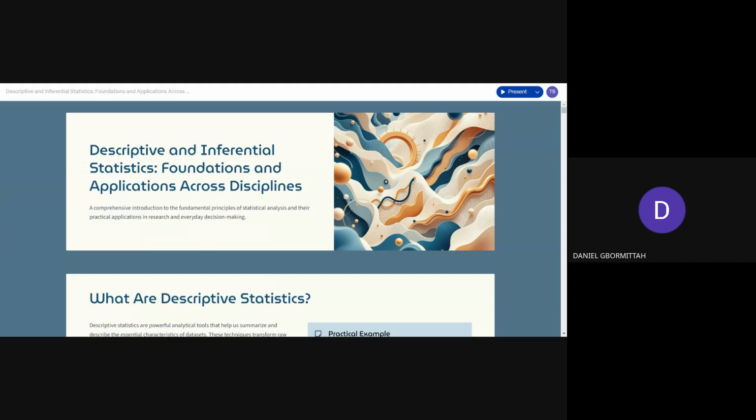Then we come to the median, which is simply the middle value of a data set. How do you find the middle value of a data set? You can only do that when you have arranged the data in ascending or descending order.